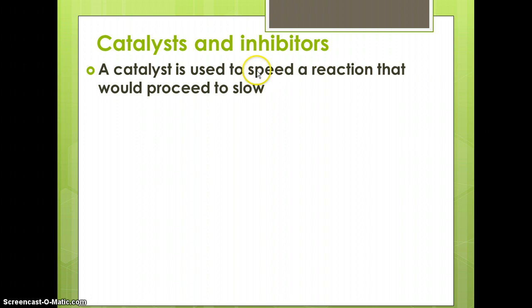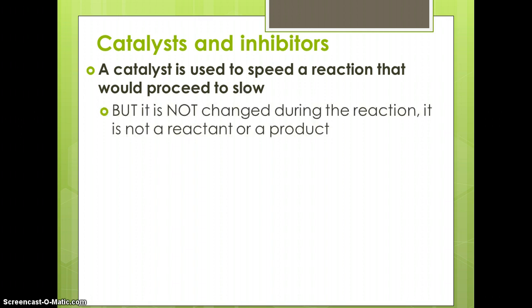If it takes us 2 hours without a catalyst, add a catalyst, it might take us 15 minutes. So all it's going to do is just speed up what would naturally happen. But it is not changed during the reaction. It is not a reactant, and it is not a product.